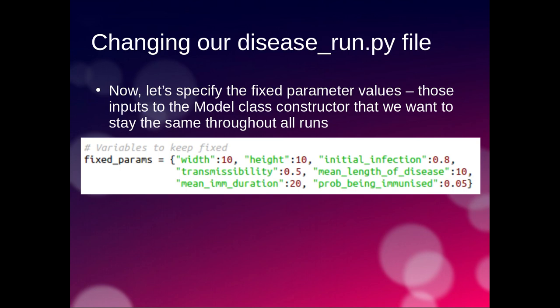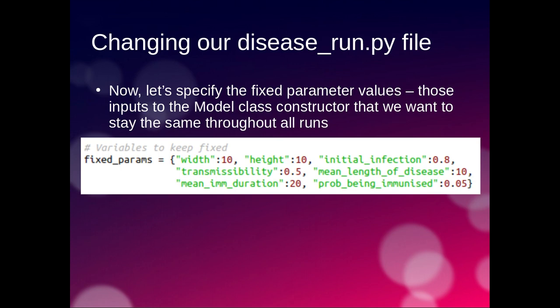We do this by setting up a variable, I've called it fixed params, and we set it up as a dictionary with label and value pairs, with the label representing the name of the variable and the value representing the value that we want to assign to that variable and remain the same throughout all the runs. So width and height of the grid, we want that to stay the same, 10 by 10.